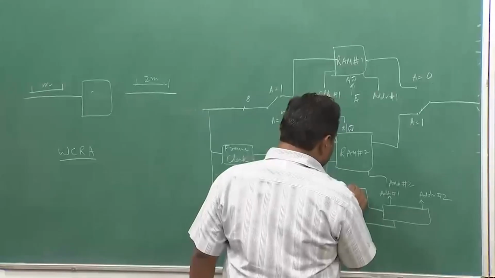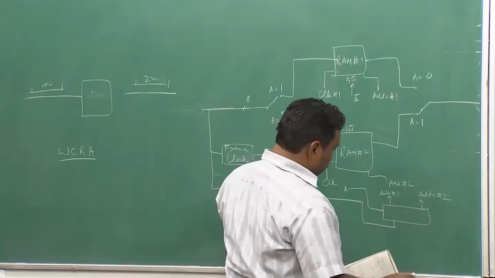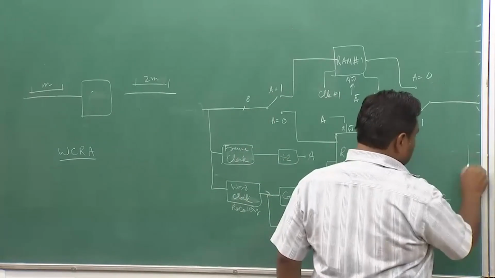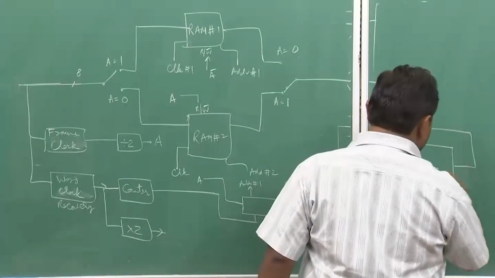So this will be driven by A. And this one will go to the control memory output.